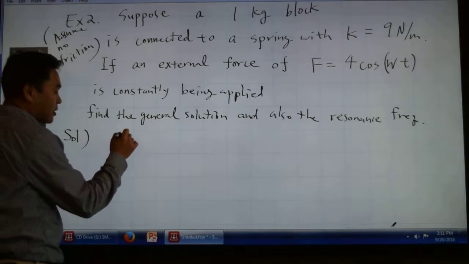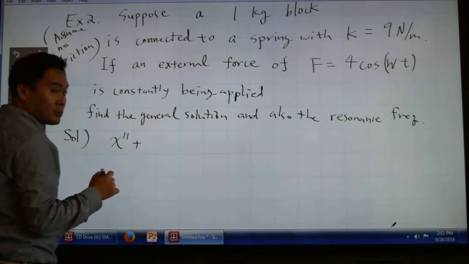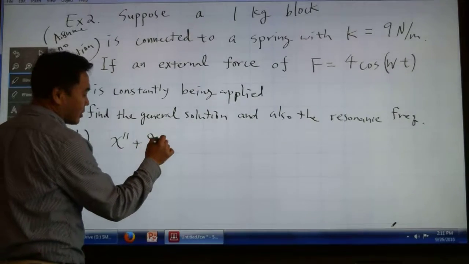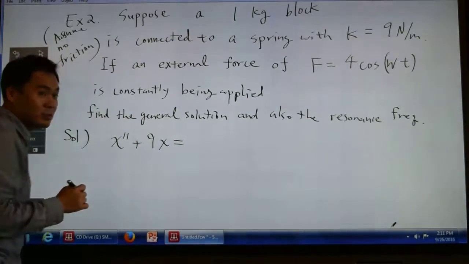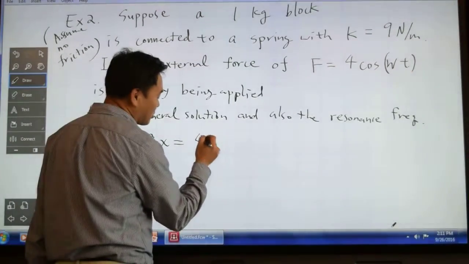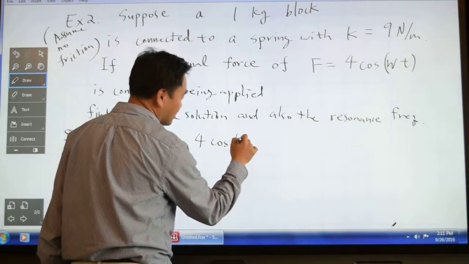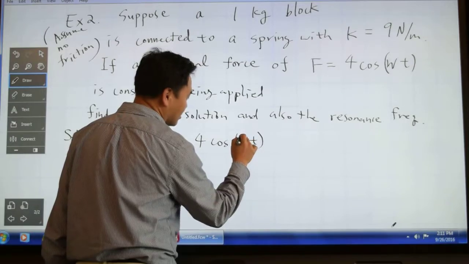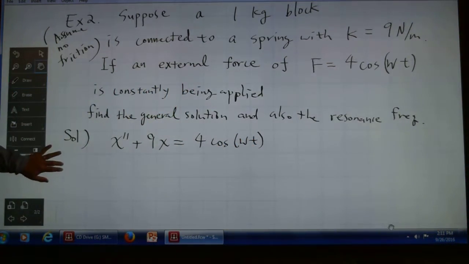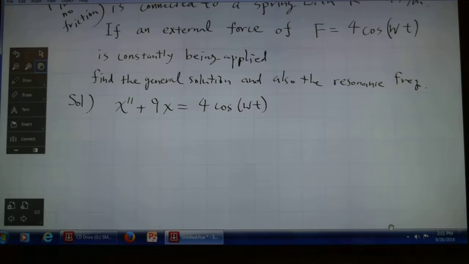So x double prime plus 9x equals 4 cosine wt. So we have this. We're trying to solve this.